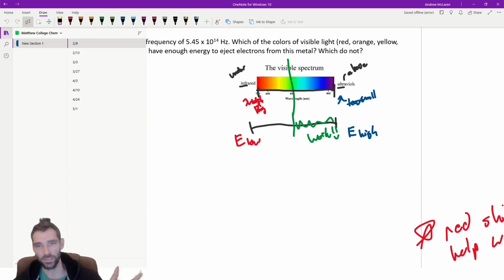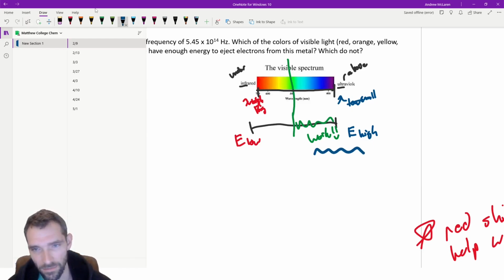Now we know that if something is more frequent, it has more energy. So blue light has more energy in it than red does. I know that's my high energy end on the spectrum, and red is my low energy end of the spectrum. So I'm able to say, okay, these have more energy because they're on the high end. So all of these colors work.